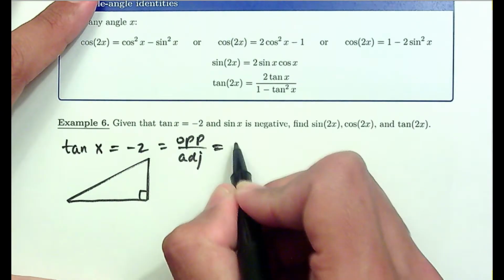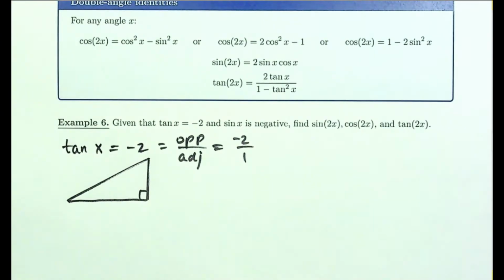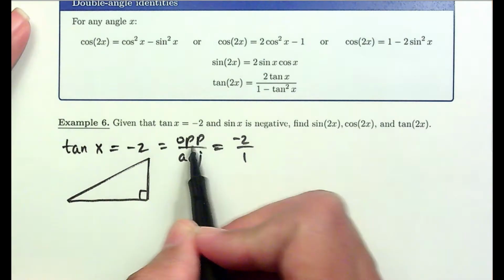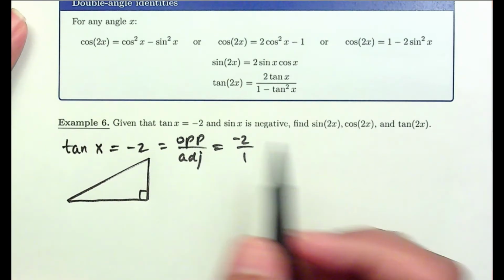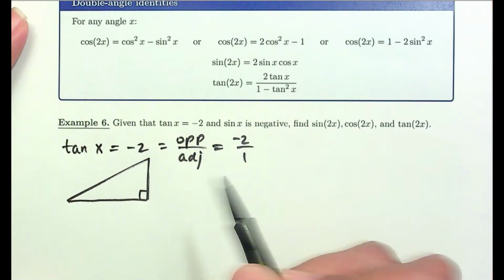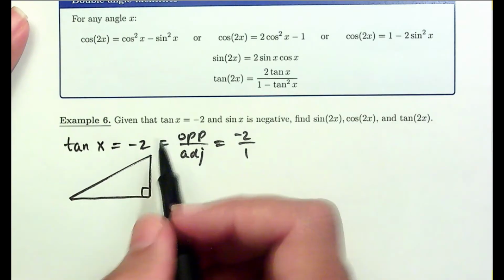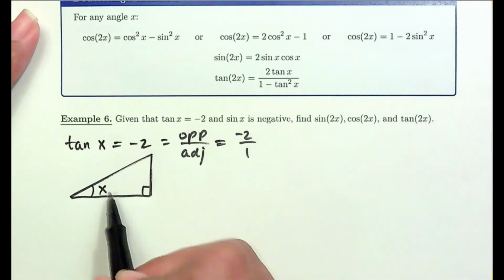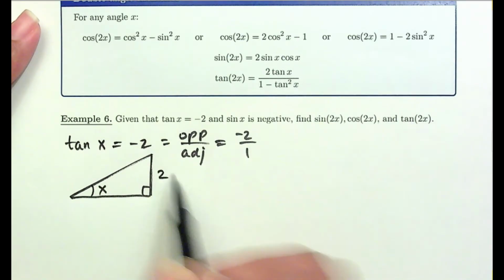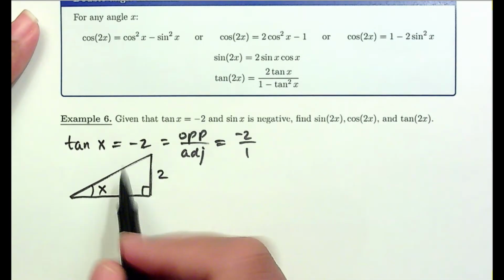So instead of -2, I'm going to think of it as -2 over 1. Then, that means that the opposite is -2, but I can ignore the sign for a second, because this is going to be the length of the legs of a triangle. That doesn't really make any sense to say negative. So the opposite is 2, again ignoring the sign, and the adjacent is 1.